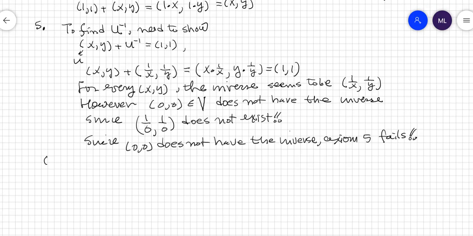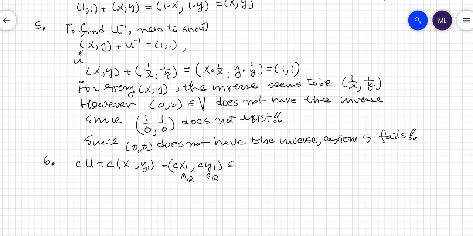So let's check the rest of the axioms. Number 6 is cu. So cu is c(x1, y1), which is (cx1, cy1), which are real numbers.